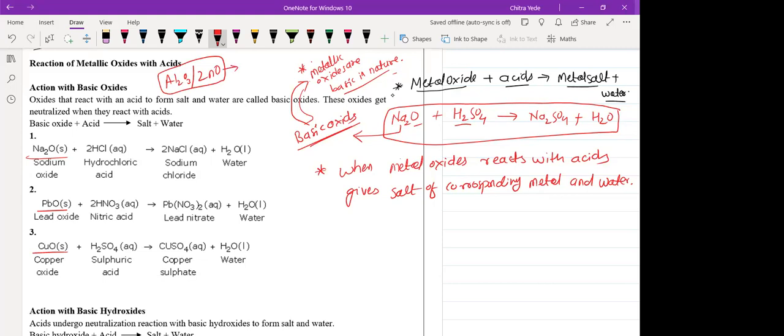So these two metal oxides are called amphoteric oxides. Along with acid, they act as a base, and along with base, they act as an acid. Hence they are called amphoteric. All other metal oxides are basic in nature.